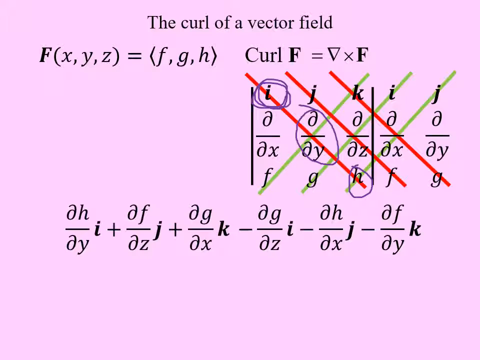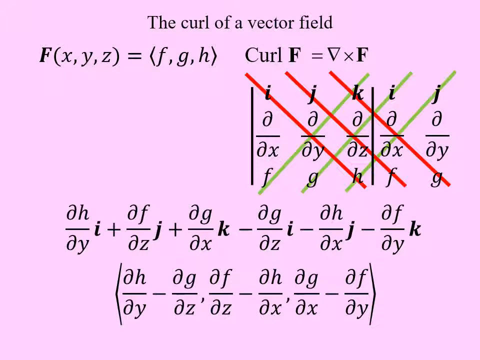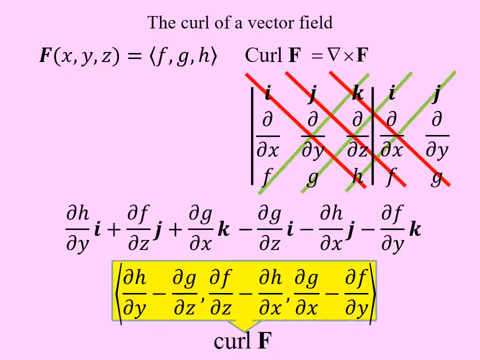The cross product actually says we're multiplying those. But when we put them together, we come out with this. Now again, technically that's not multiplication, but we're putting them together in what looks like multiplication. This comes out the derivative of h with respect to y, and so on. And that is our definition for the curl of f.